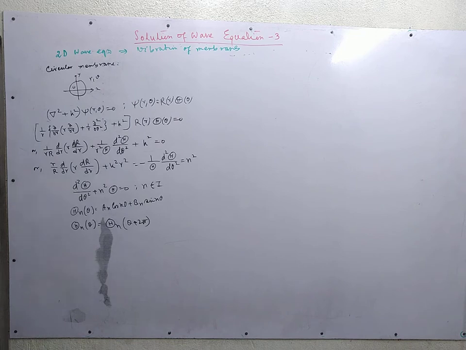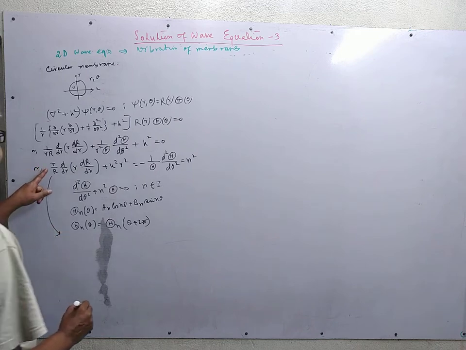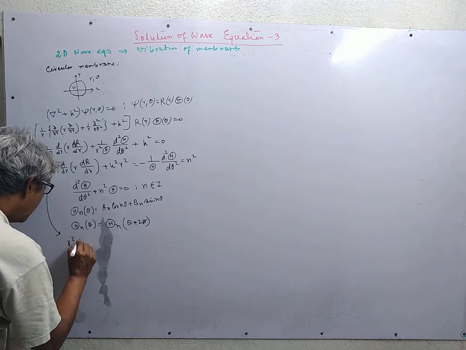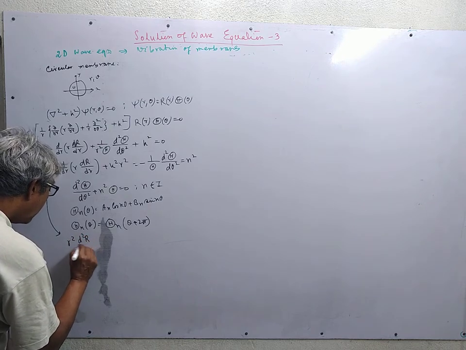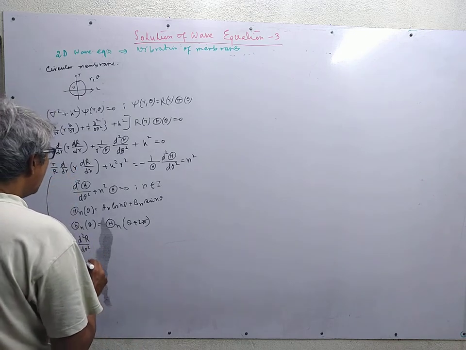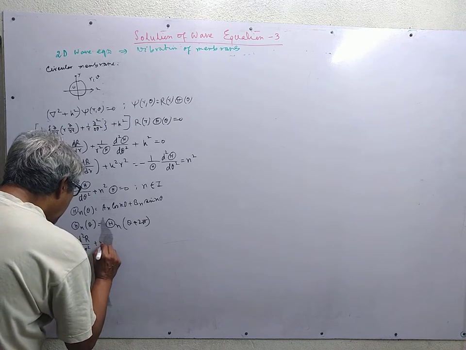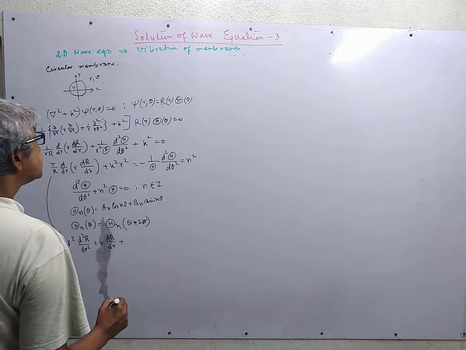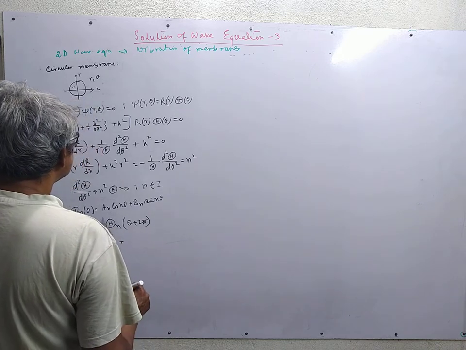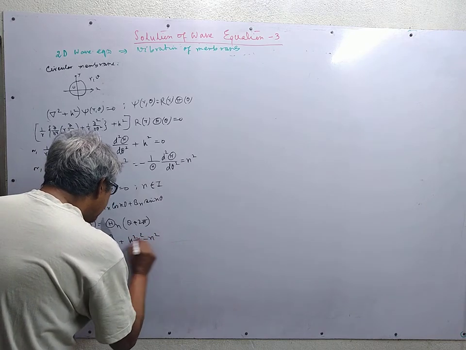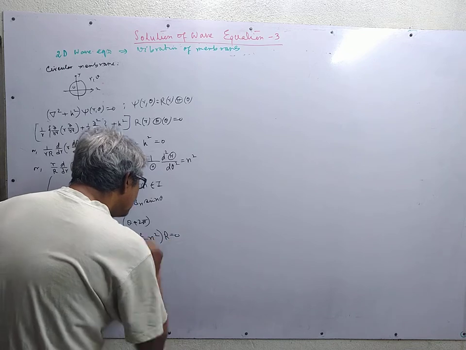Now, having n being an integer, this equation comes out to be r² d²R/dr² + r dR/dr + (k²r² − n²)R = 0.